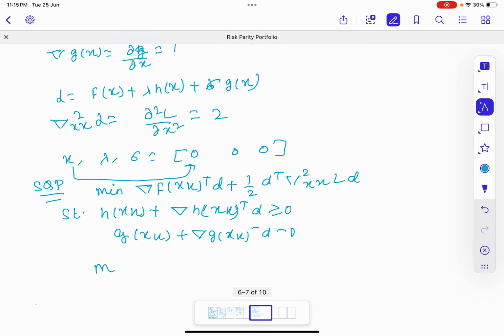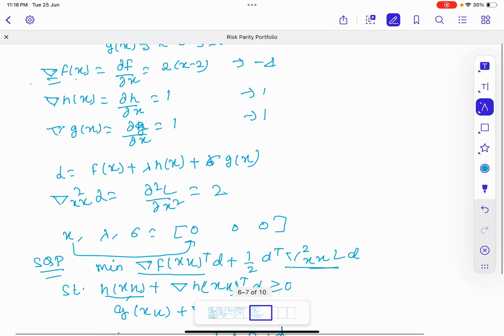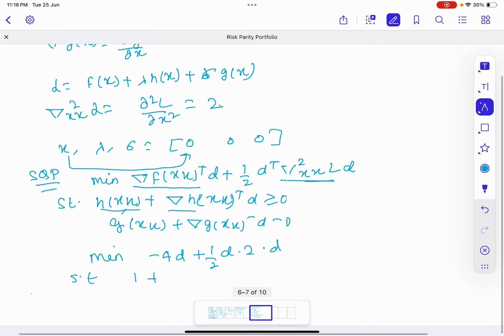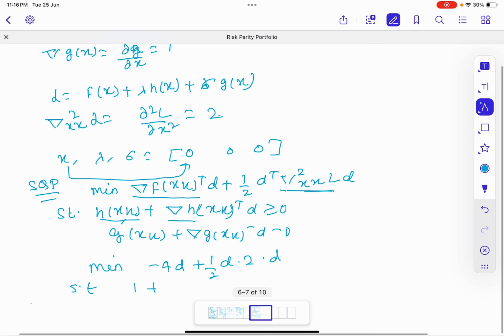Subject to the condition. Now what is h at our x? xk is basically 0. So what is h(0)? h(0) is nothing but 1, right? So 1 plus, what is the gradient of h? Gradient of h is 1, so it's basically 1 plus 1d, equal to 0, right?